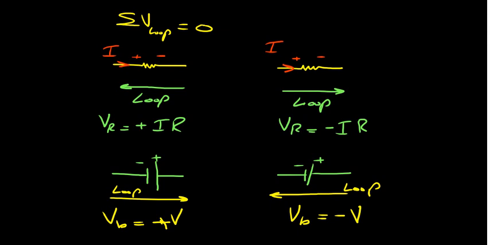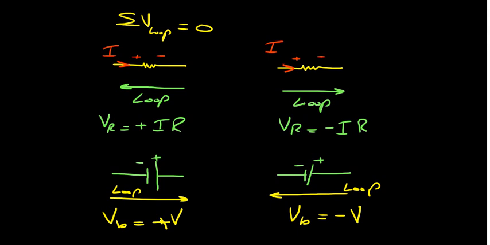All right, so you distribute the current for the first rule. You decide the loop direction for the second rule. For the first rule, you need to remember the total current in equals total current out. But for the loop, the total voltage in one loop equals 0. You also have to be careful about the direction of your loop, or your travel direction, within that loop. While you're crossing these elements, the resistor and the battery, are you going in the same direction as the current or opposite the direction of the current through the resistor? Are you going in the same direction of the battery or opposite?